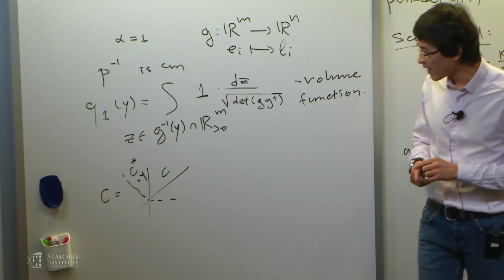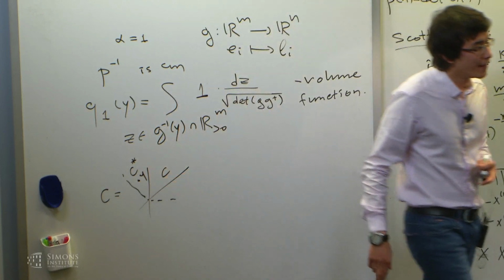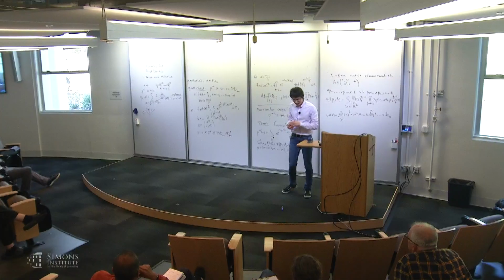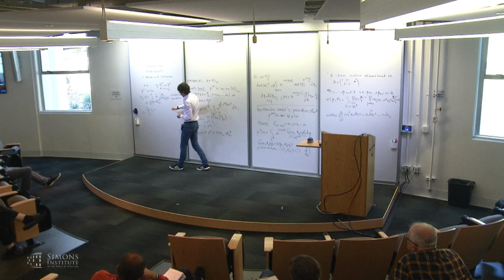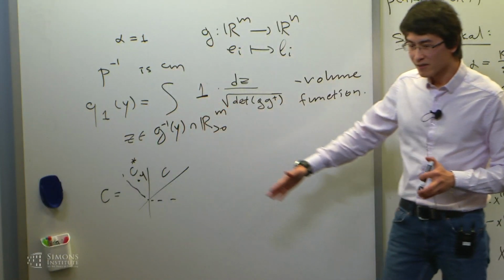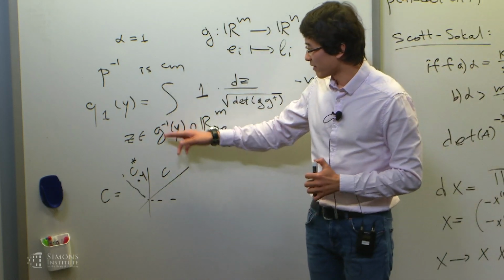Like a spline. Yes, it's like a spline, exactly. But what is interesting is that piecewise polynomiality breaks when y crosses some hyperplanes defined by my linear forms.